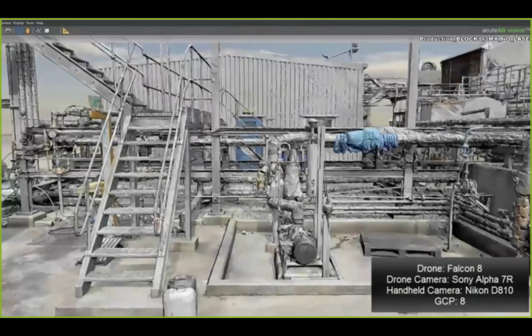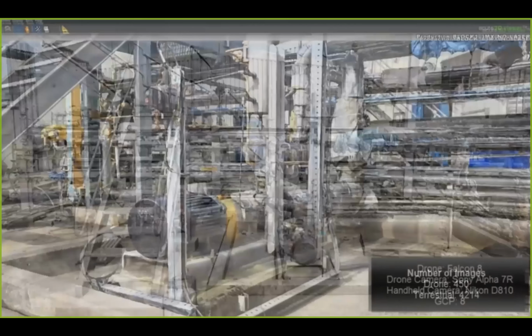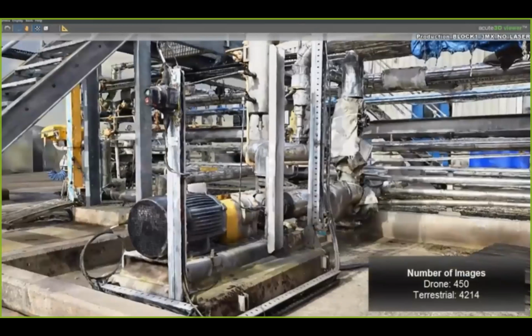And here is a reality mesh that was created of a factory from images taken using drones and terrestrial photo acquisition. The acquisition here for this site took just over, I think, 2 hours, they said, with over 4,500 photos that were captured. The resulting reality mesh provides a really highly detailed model of the operating assets.